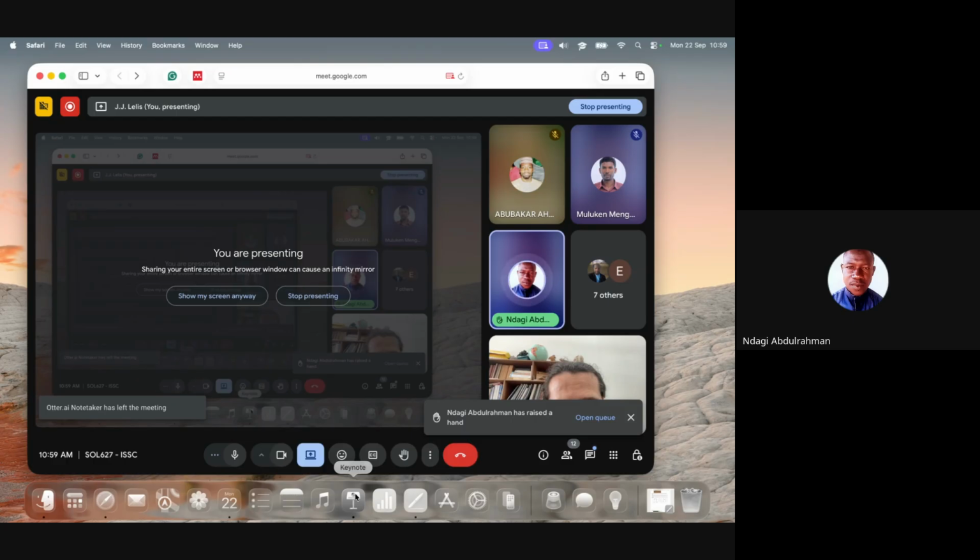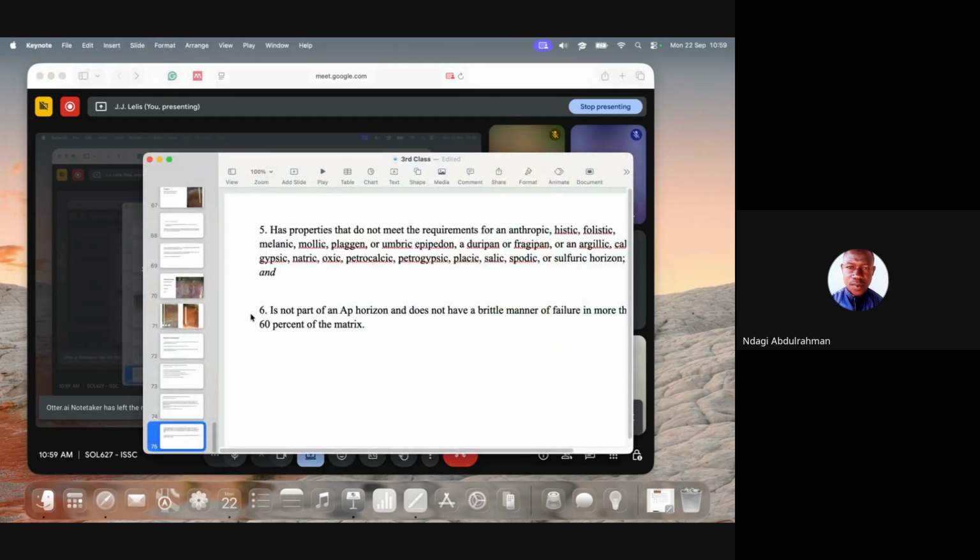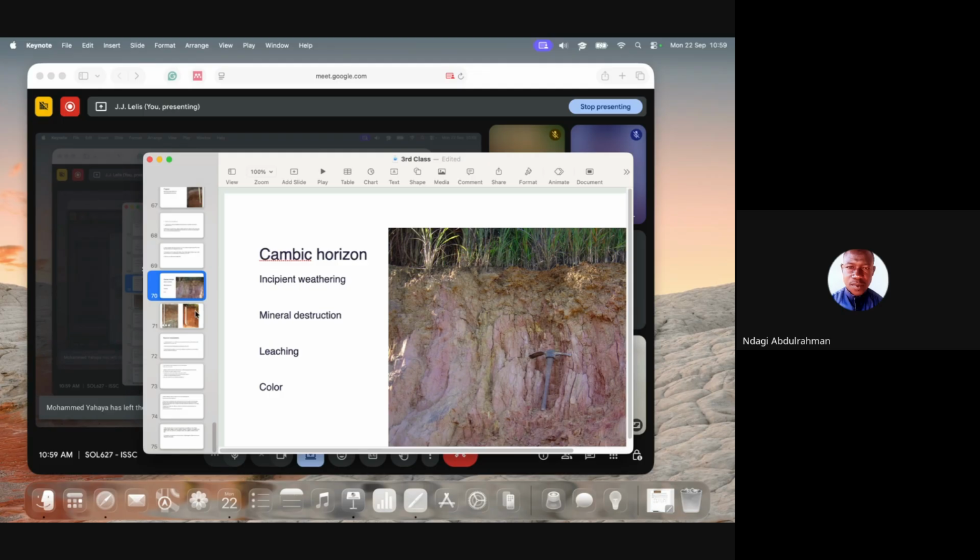The cambic diagnostic horizon, you are giving some characteristics or requirements, but I would like more explanation on the section where you describe the color differences between the overlying layer and the underlying layer of the cambic section.